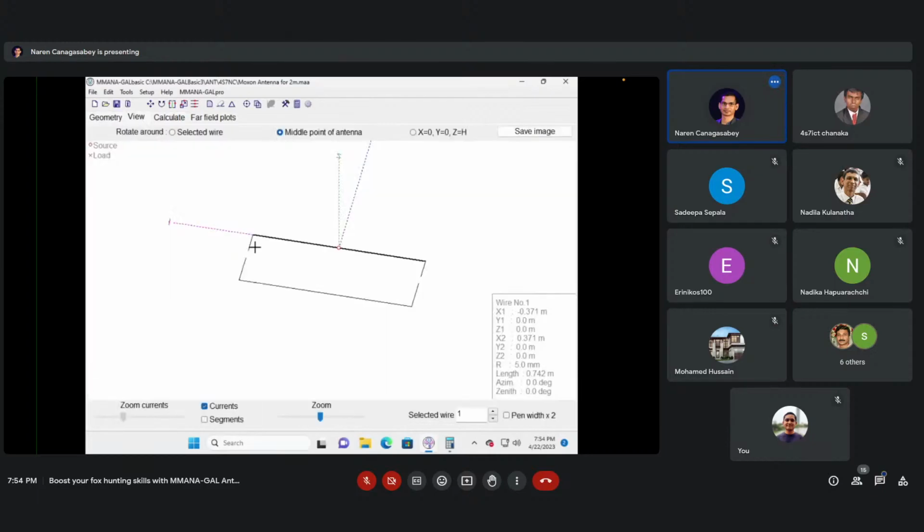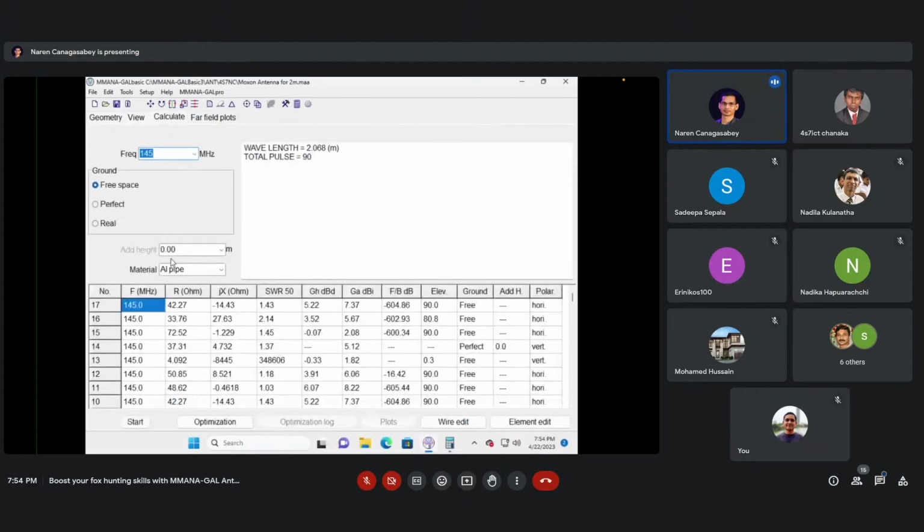So these are separate segments. You can't have bent elements in MMANA-GAL, so you have to add these as separate wire segments. Right. So we have the feed point here. Let's do the calculation.